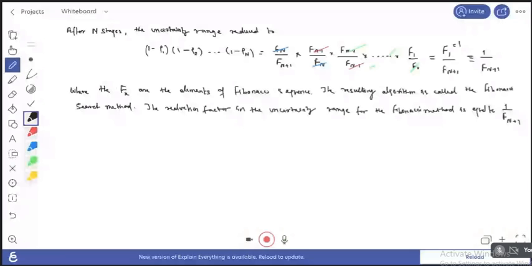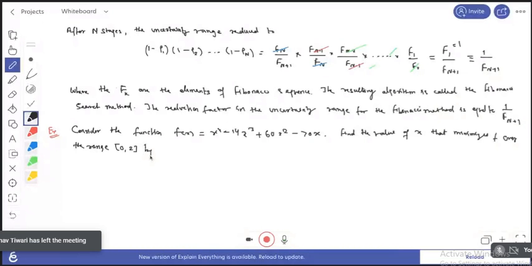You have to find the value of x that minimizes it by using the Fibonacci search method.